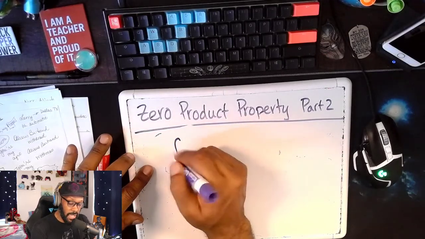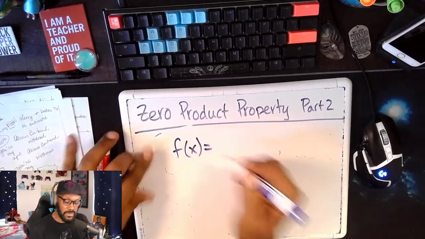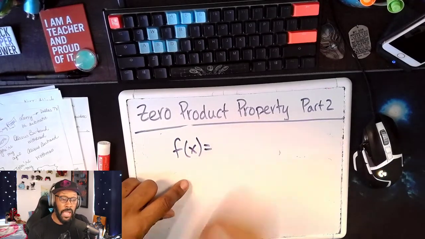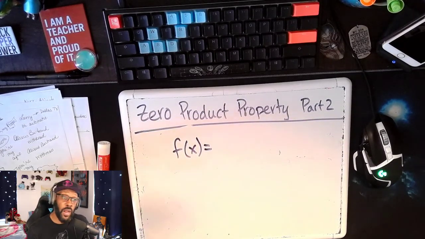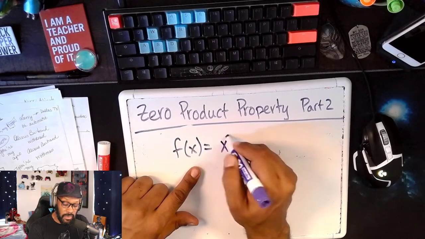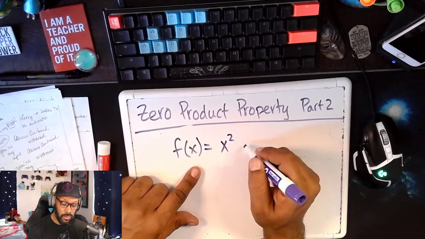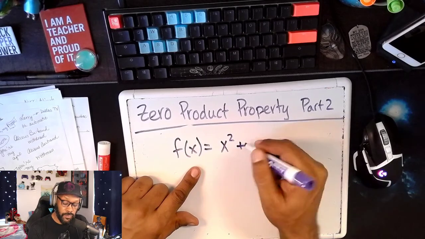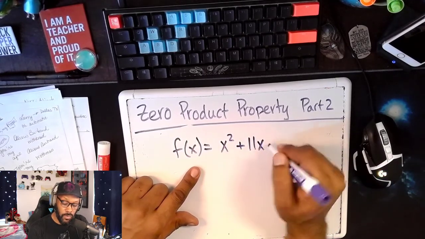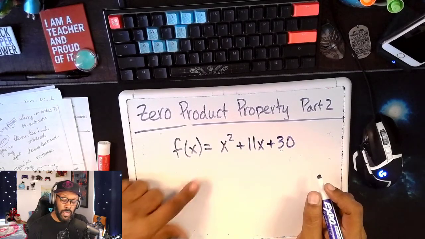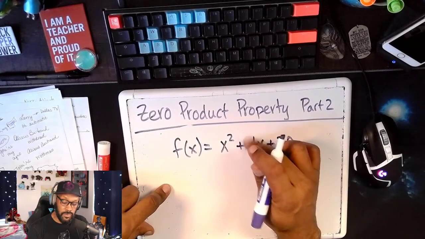So let's say I had something that looked like this, and I said, I want to know the x-intercepts, or the values of x that satisfy this to make it 0.